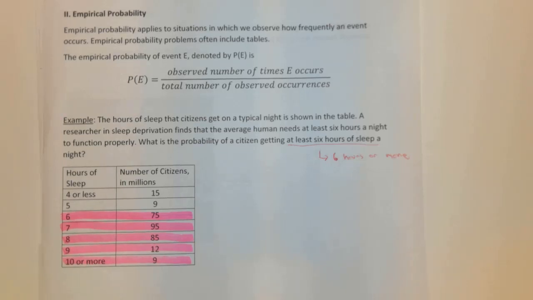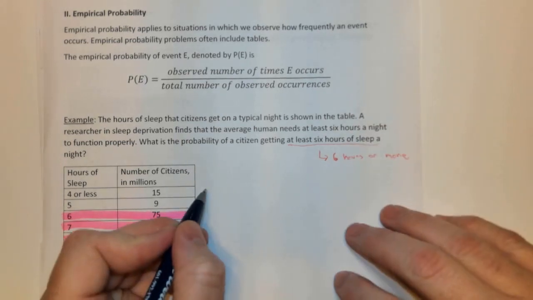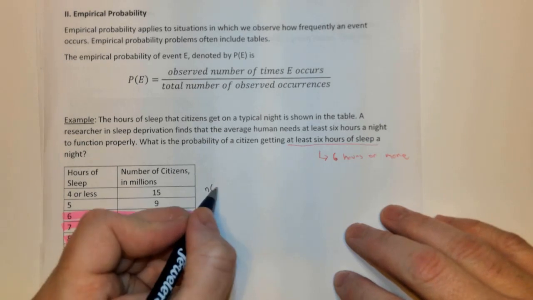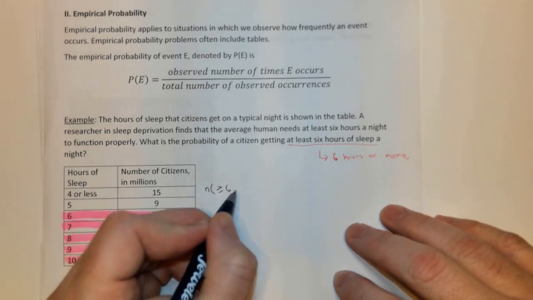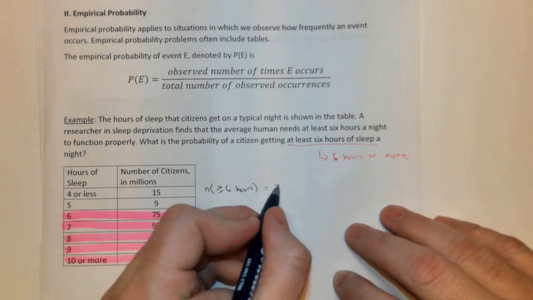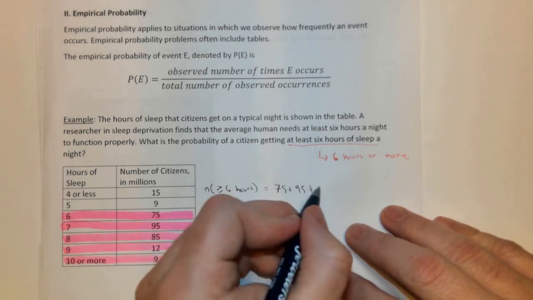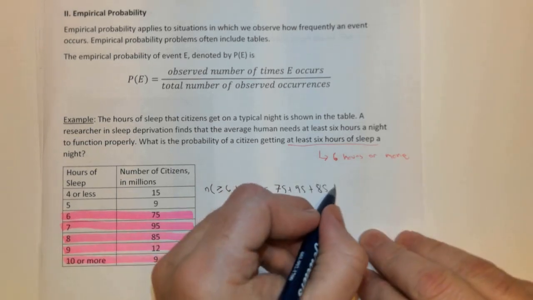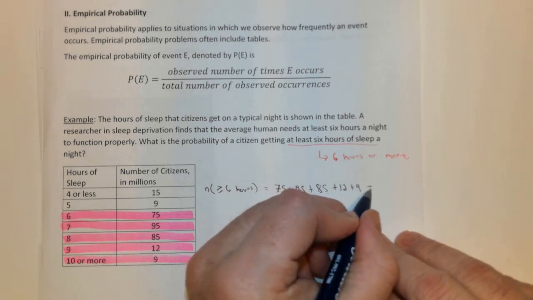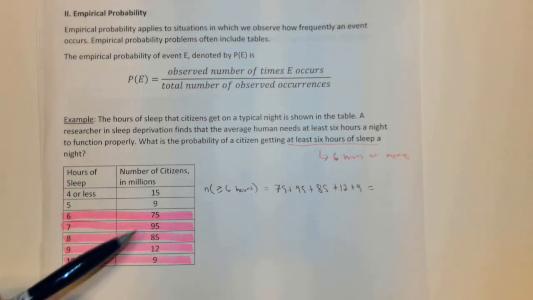So what I need to do is total up the number of ways to get greater than or equal to 6 hours, which is found by adding up these numbers. Anytime I have to add more than 3 numbers, I usually recommend doing that calculation twice, because this is one small calculation in the entire problem.